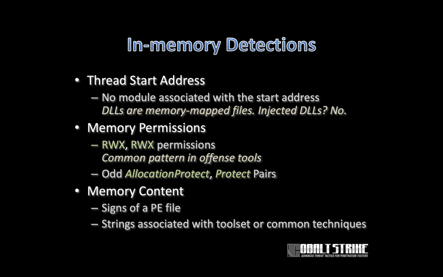Memory permissions are another useful property to find memory injected DLLs. Each region of memory has an initial state and a current state of its memory permissions. Both are observable. Read, write, execute permissions are a common pattern in offense tools and something used to find offense tools when using in-memory techniques for hunting.